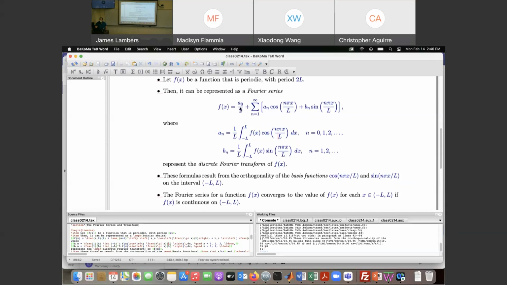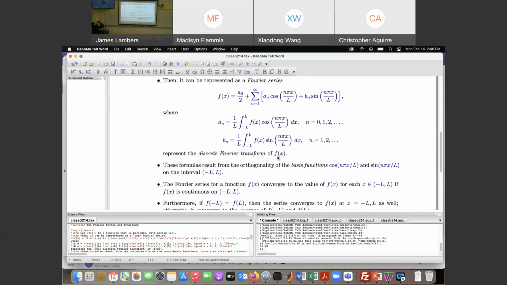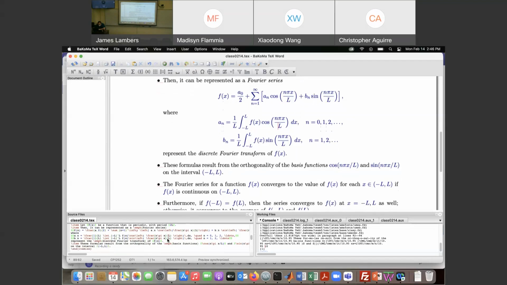You could think of it as coefficient times cosine of n pi x over L, where n is 0, because cosine of 0 is 1. And also, it's safe to start the sum at n equals 0 for the b's, because sine of 0 is 0, and a b0 term wouldn't affect anything anyway. The difficulty is, as I mentioned, these formulas result from the orthogonality of these functions.